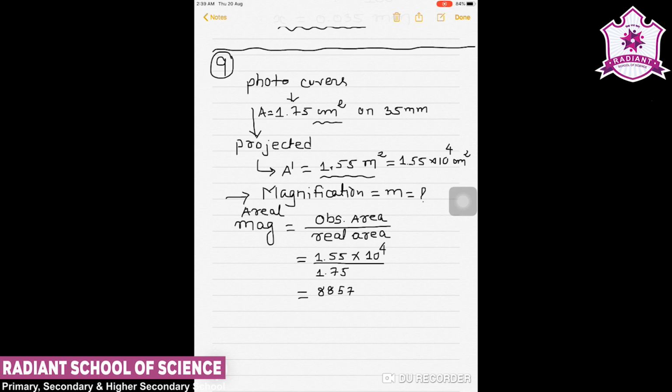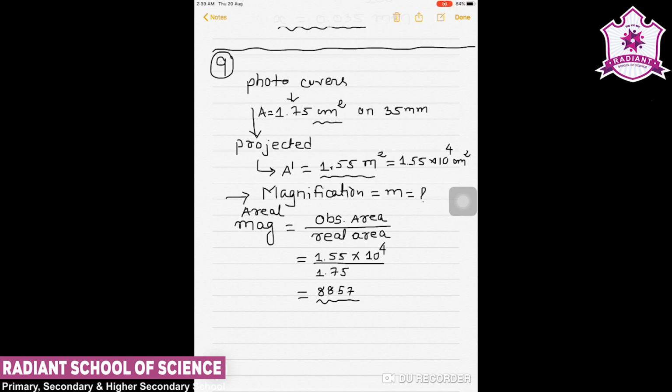Areal magnification means we are provided area, so this magnification also has area in it. But we are asked for the linear part. So how to get that? The square root of area is a length.